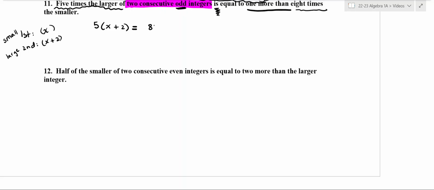So 8 times x, add 1, right? 1 more than 8 times the smaller one. All right, so now it's just solving. We're going to get 5x plus 10 equals 8x plus 1. All right, any questions on where these numbers came from?